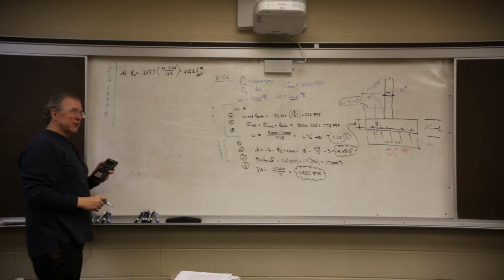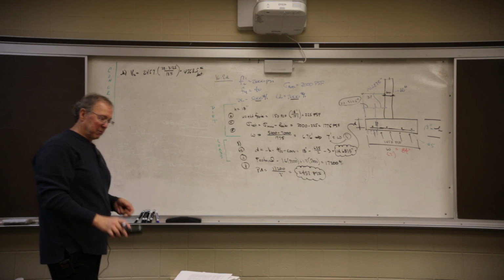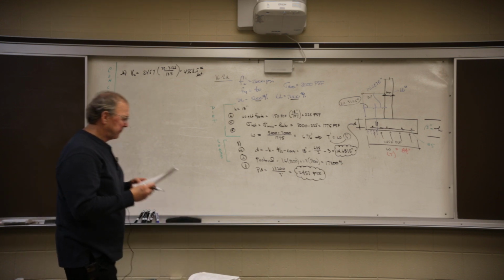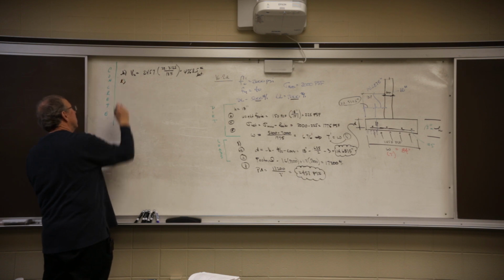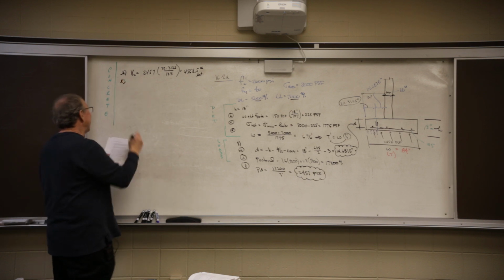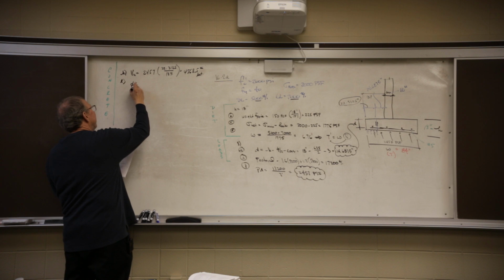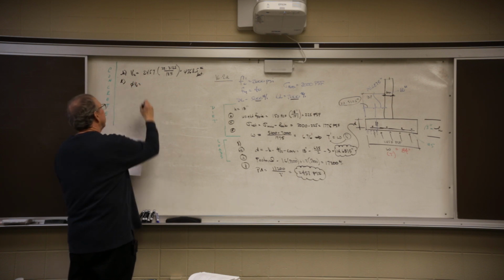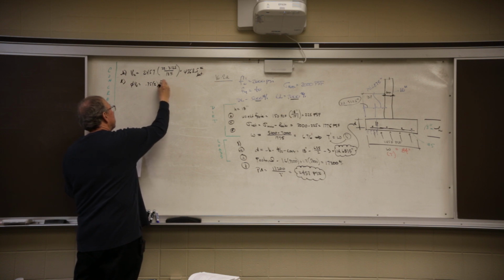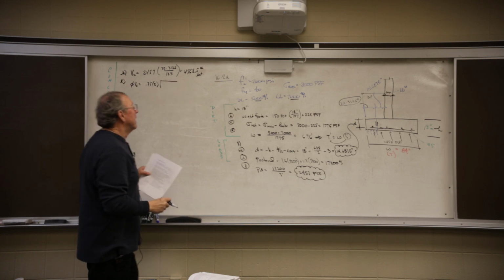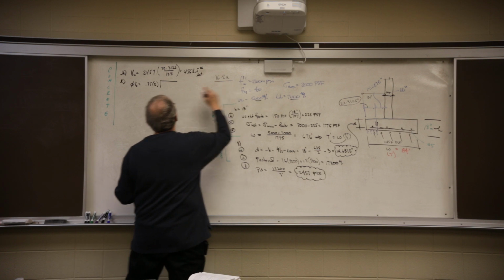Now I got to go, just like we always do, what's the allowable? So that was letter K. L, compare it to the allowable. Allowable says phi 5 VC. Phi is 0.75. Multiply that by 2. Multiply it by the square root of the type of concrete, 2,000.